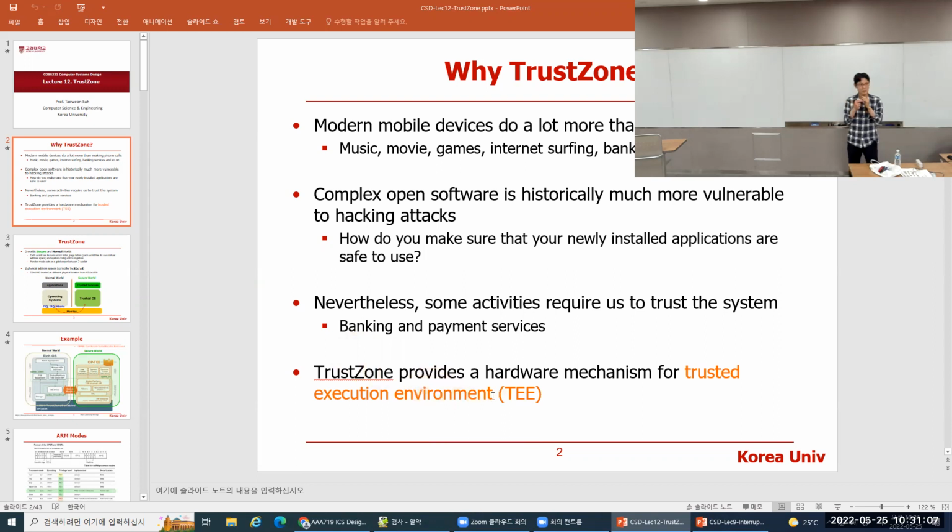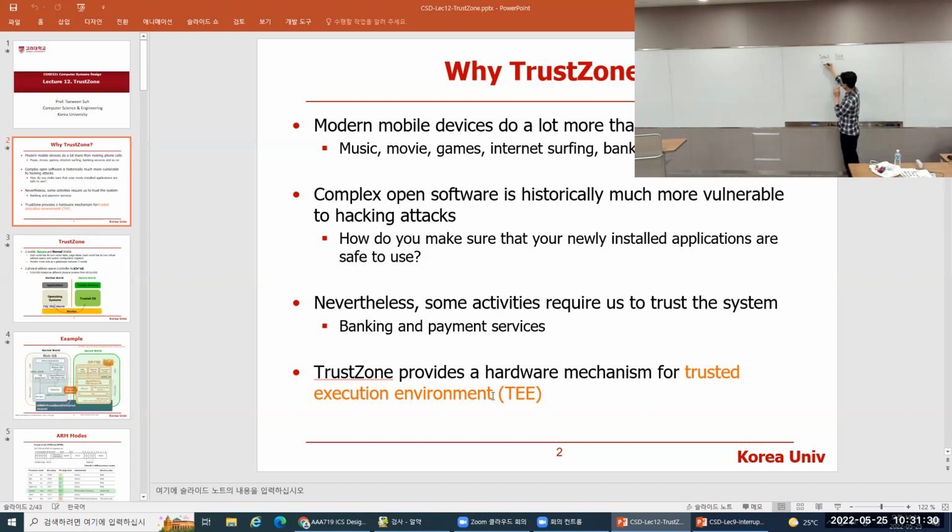This TEE, trusted execution environment, is a hardware environment. For example, Intel x86 is providing an architecture called Software Guard Extensions, SGX. That is Intel's response to the TEE requirement.